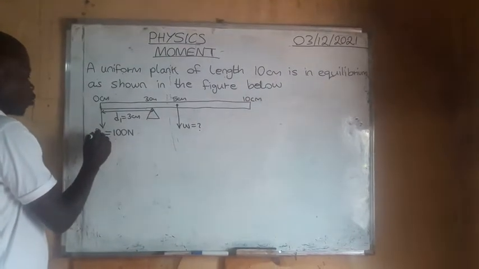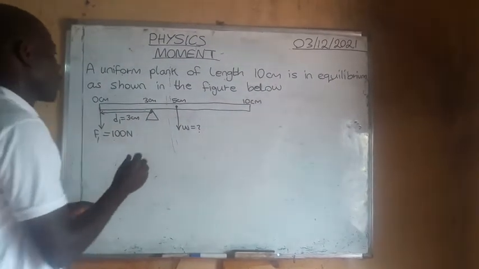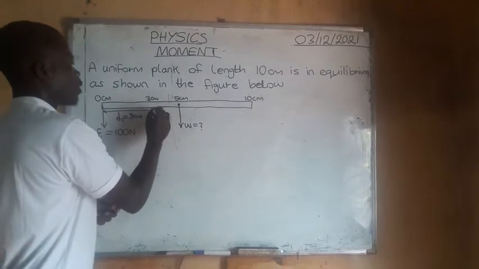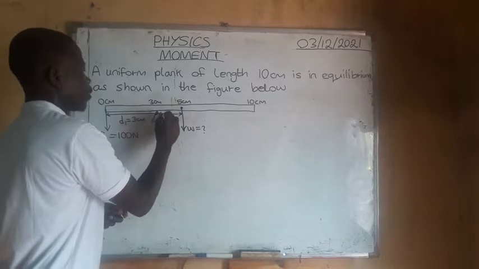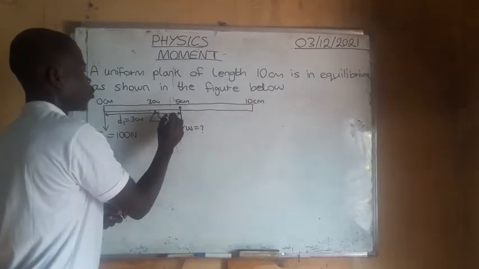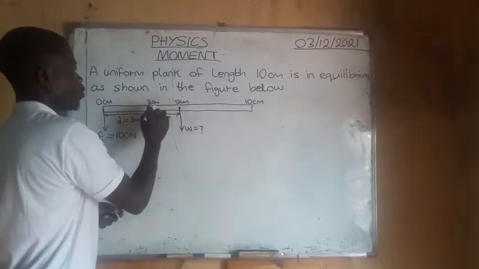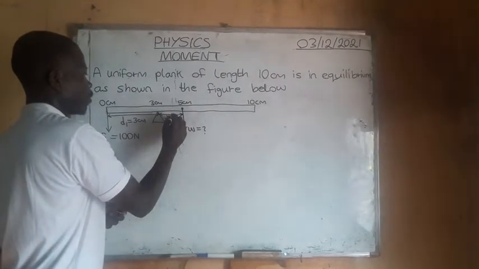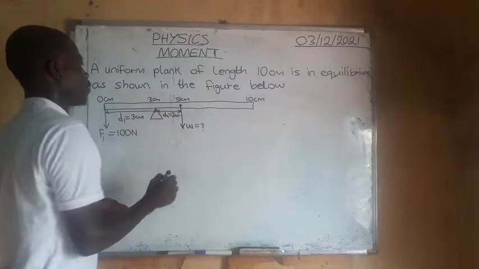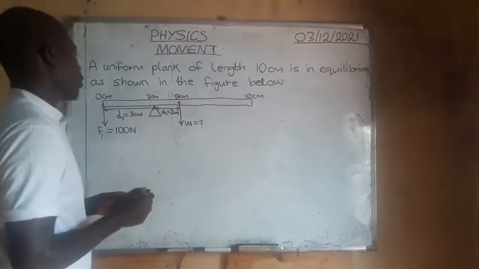Then this one is going to be our F1. Then from pivot to weight, we are going to have another distance. This one is going to be G2, which is the difference between 3 and 5. This difference is 2 centimeters.